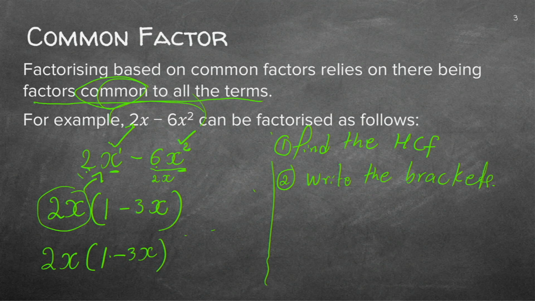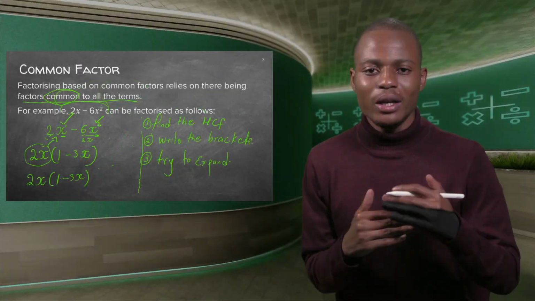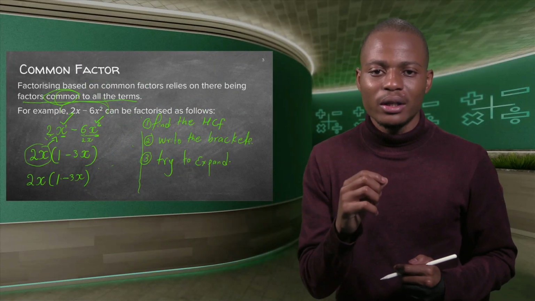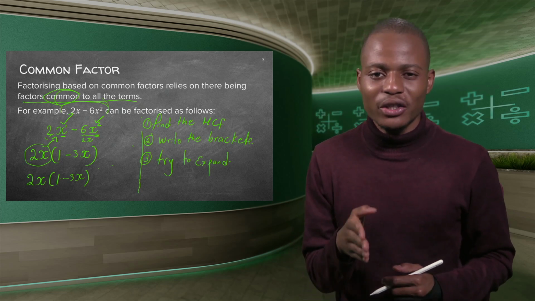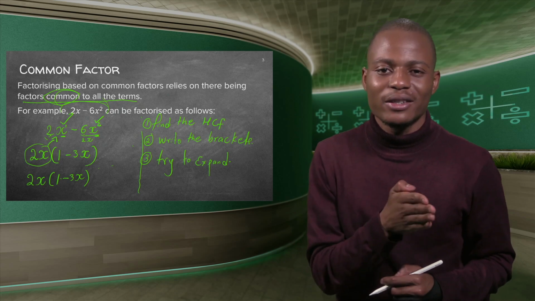And always, number 3, try to expand. The reason I suggest that you expand back is that you will be able to see if you get the question that you started with. So if your expansion is correct, it means your factorization is correct.